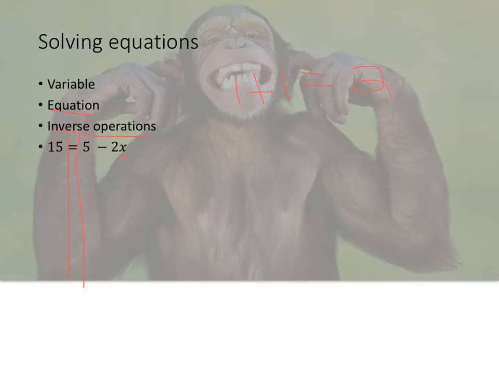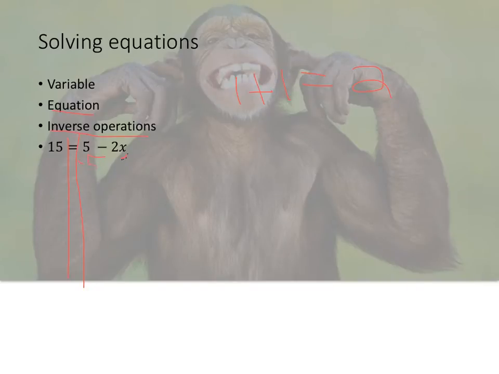Because these variables and these numbers, they don't like each other. They want to be away. Imagine they're at a party and variables don't like to be in the same room as the numbers. So I see this 5 right here is positive. So the opposite or the inverse of that is going to be a negative 5. And then I see a negative 2x, meaning negative 2 times x. So we're going to undo both of those steps.